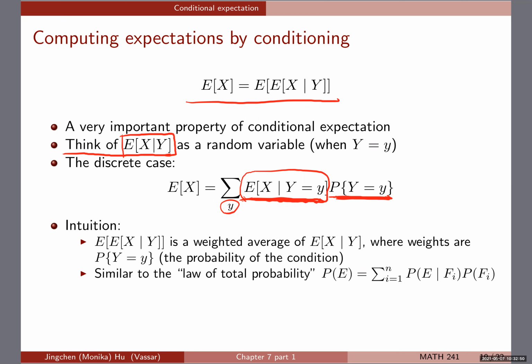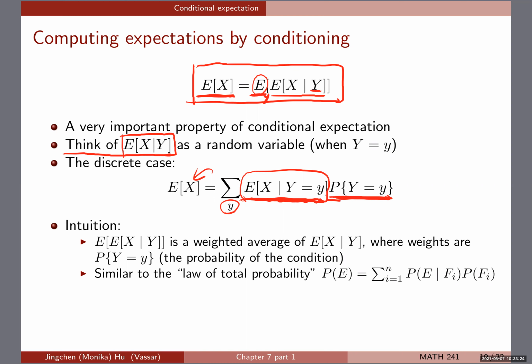So we're back to the expectation of X. Coming back to this, what it shows is that the marginal expectation of X can be obtained by taking the expectation of the expectation of X given Y. In particular, the outer expectation, the way we're doing it here, is in terms of Y.